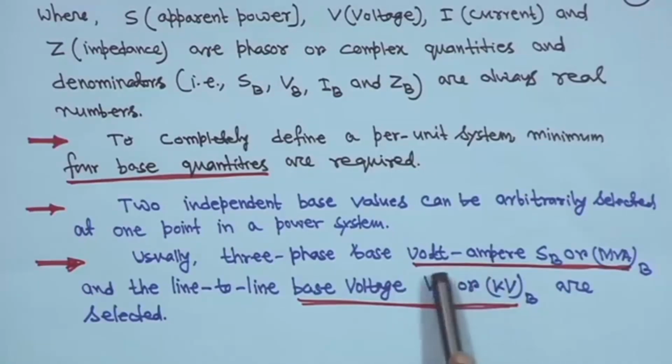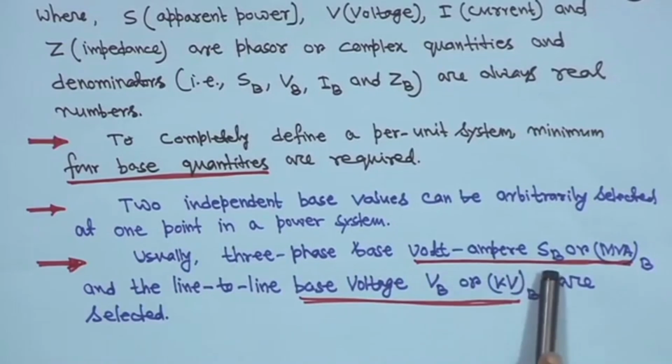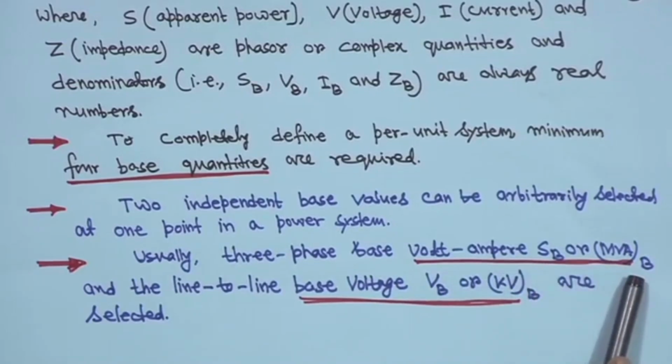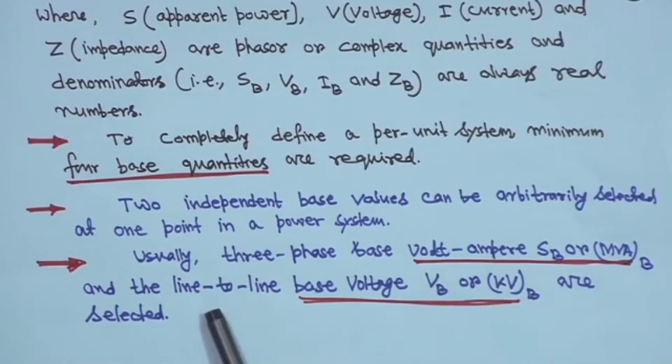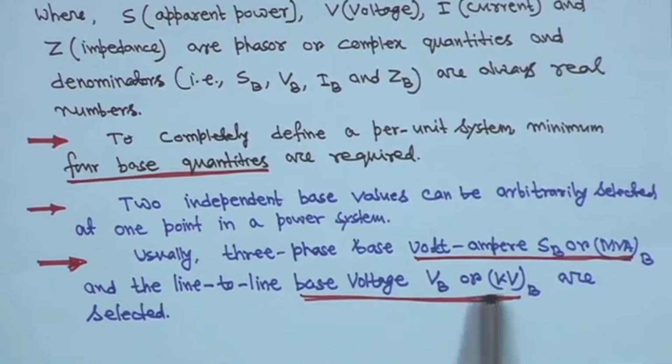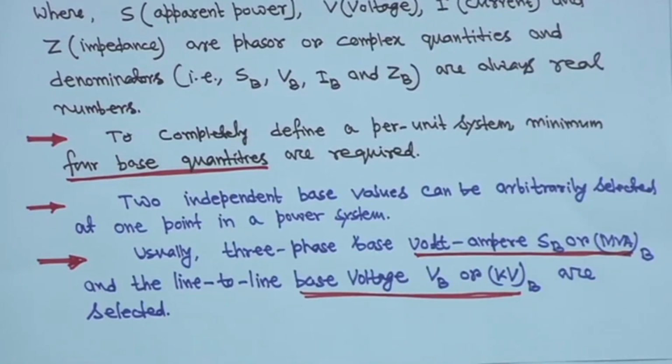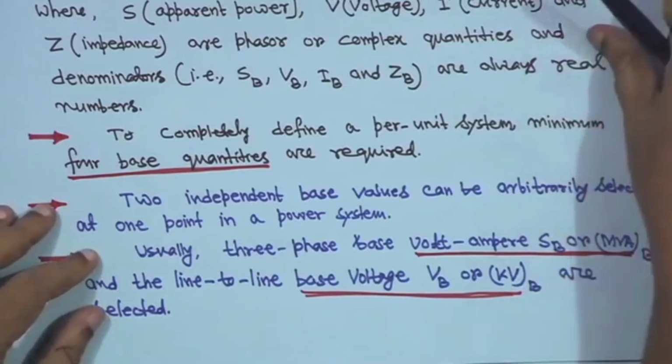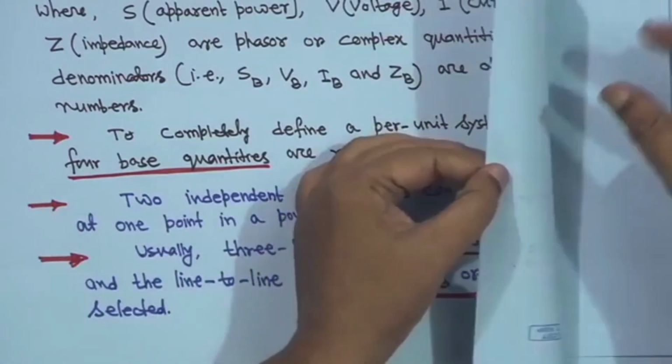So, usually the 3 phase base volt ampere S_B or MVA_B, that is MVA base, and the line to line base voltage V_B or kV base are selected. Generally, these MVA base or line to line voltage kV base we select first for the base quantity. This we assume actually for any system, right.